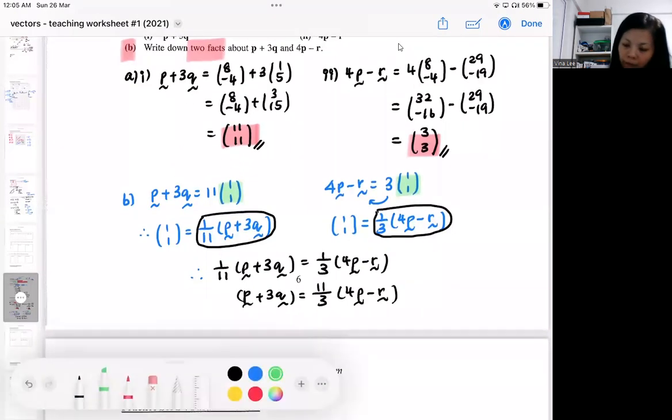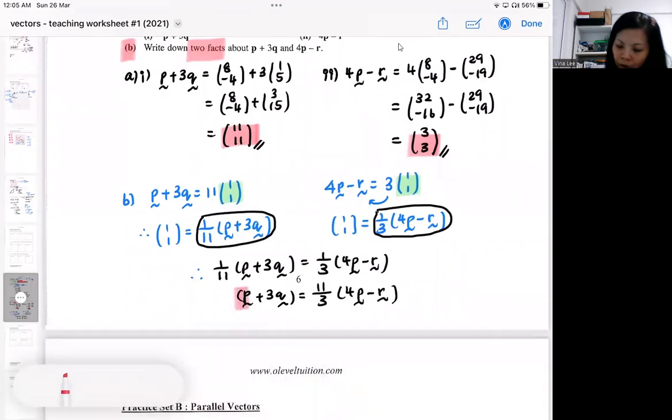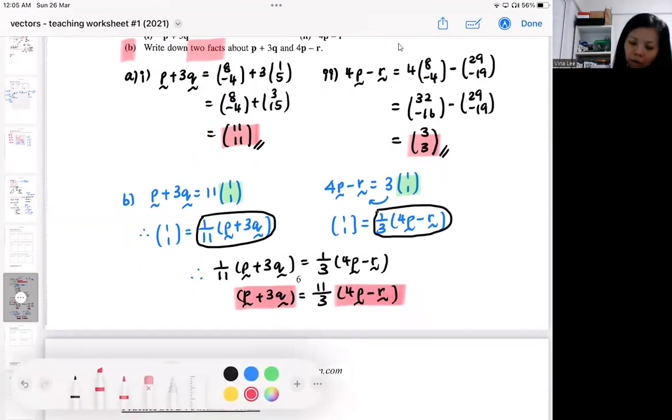So the two vectors are now related by a constant k.